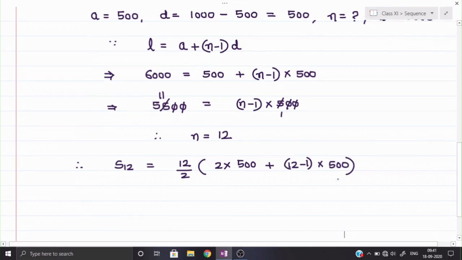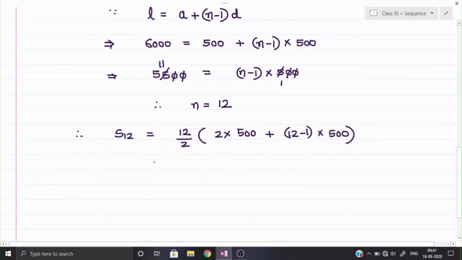So 12 upon 2 becomes 6, and 2 into 500 is 1,000 plus 5,500, because 12 minus 1 is 11 multiplied by 500. So this will be 6 into 6,500. Multiply both of them.